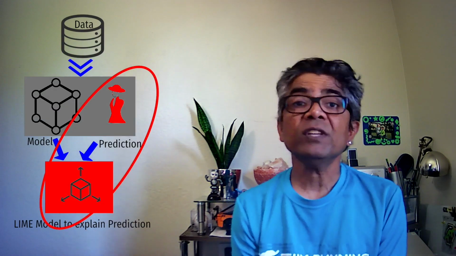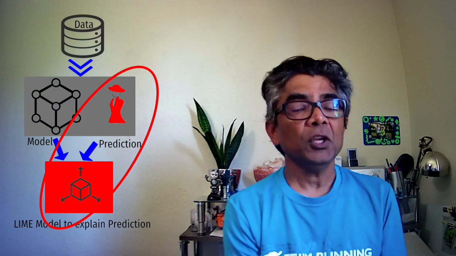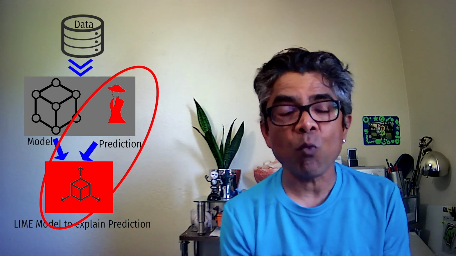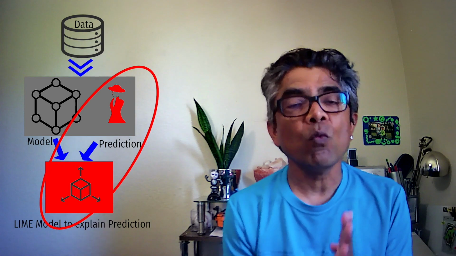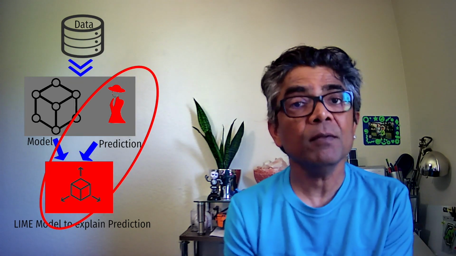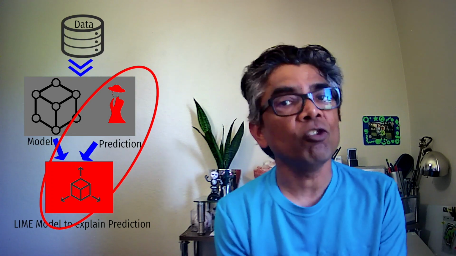So using a surrogate model, you can understand, if the model prediction was such, what were the prominent reasons used to predict such results.